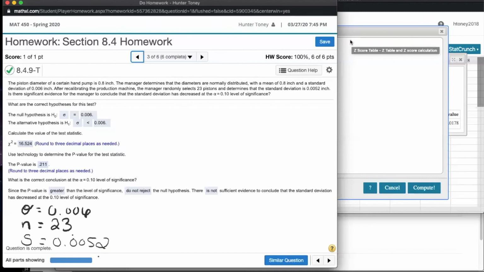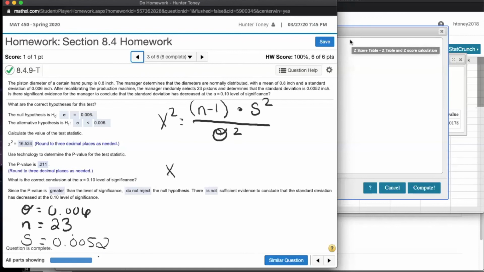If you're ever looking to calculate by hand, we can always use the formula: chi-square is equal to n minus 1 multiplied by our sample standard deviation squared, over our population standard deviation, or sigma, squared.